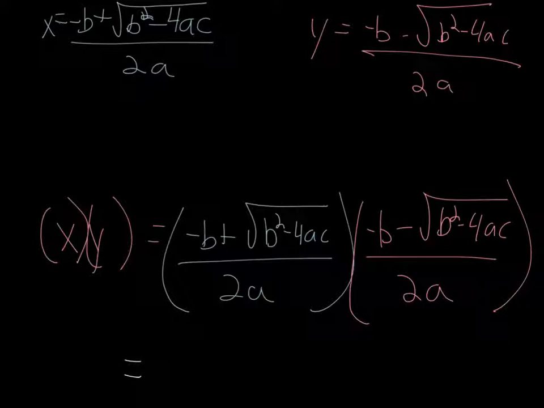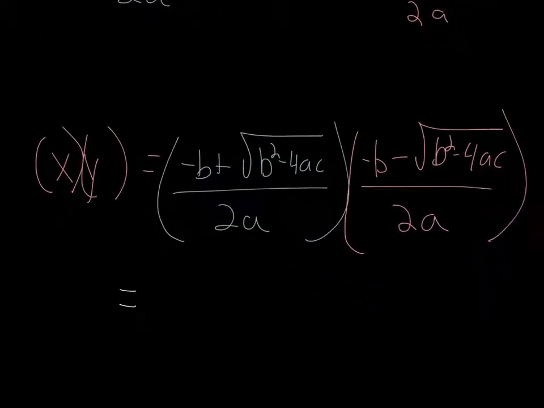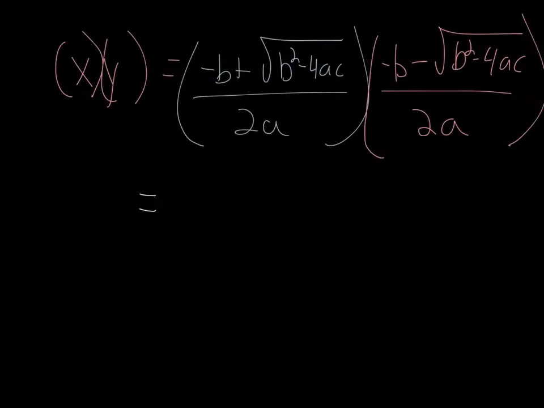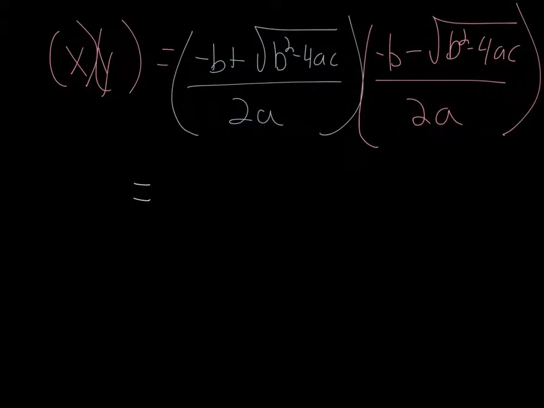In order to derive the product of the roots formula, we are also going to break our quadratic formula into two equations, the same two as before. Now that we have those set up, I'm going to multiply them. We have negative b plus the square root of b squared minus 4ac over 2a times negative b minus the square root of b squared minus 4ac all over 2a.